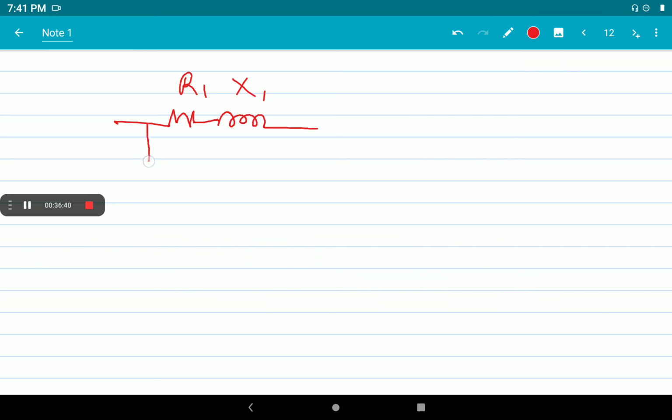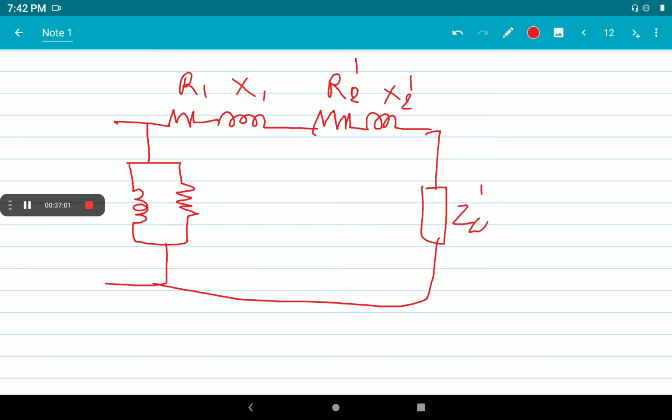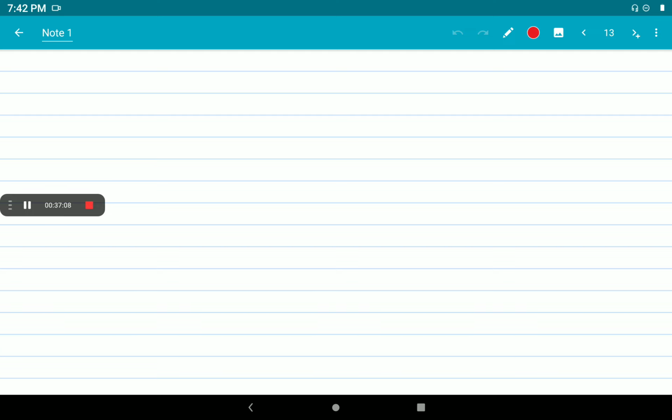We can shift the parallel magnetizing component here and connect R2 dash and X2 dash and the load here. Now you will get R1 and R2 dash in series and X1 and X2 dash in series. So you can represent your diagram as such.